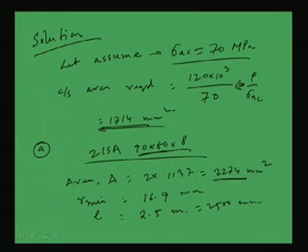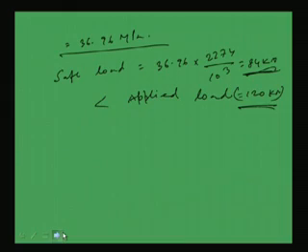So, we are providing more, still it is not safe, because we have considered the allowable compressive stress a little high. Now, we have to change it. As the design is not satisfactory, we can increase the section. So, let us try with say 2 ISA 100 by 75 by 8.